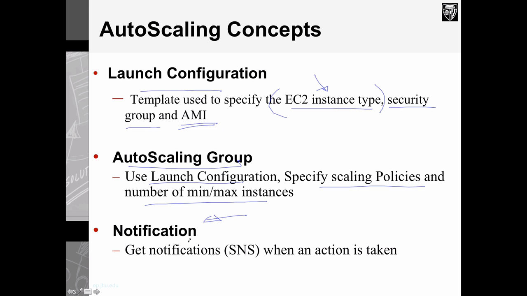Optionally, we can specify notification. We want to get notified of any event or any action that's taken by autoscaling. So we can use another Amazon service called Simple Notification Service, and we can get either a text alert or an email alert when any of these actions takes place in the autoscaling configuration.